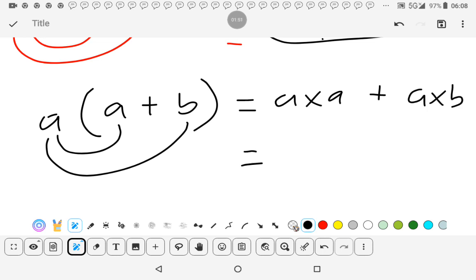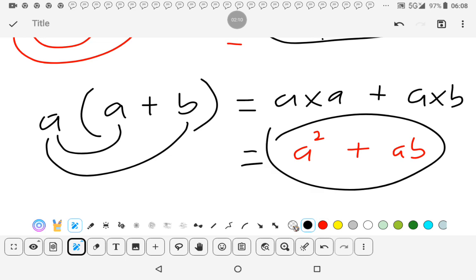So a times a will give you a square because it is multiplying itself, meaning a 2 times. Then plus a times b will give you ab, and this is the expanded form of this. So this is how you expand.